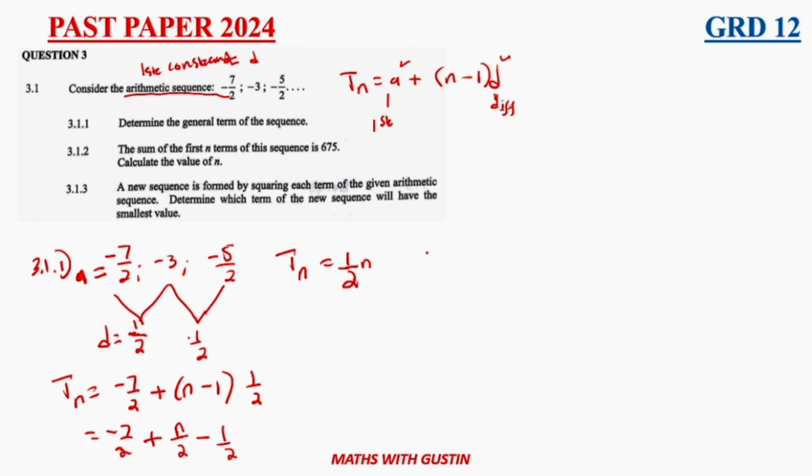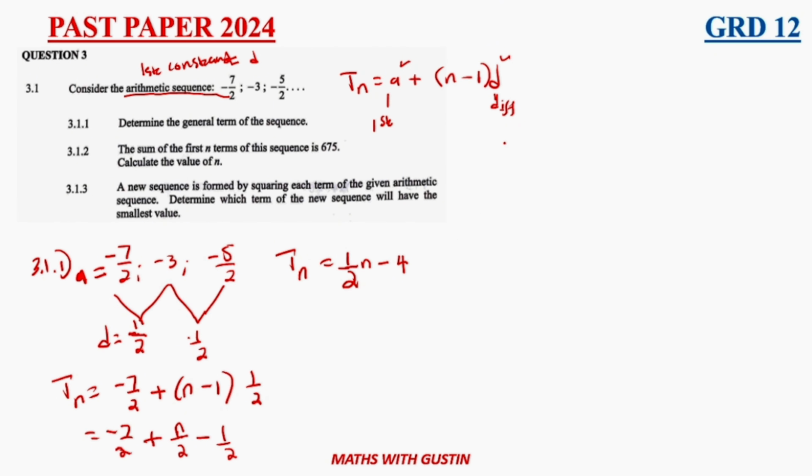The negative will give us a negative. If we say -7 over 2 minus half, that is going to give us -4. Great. And that's how you would deal with this question.